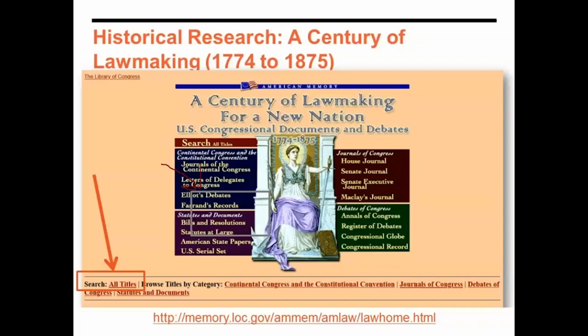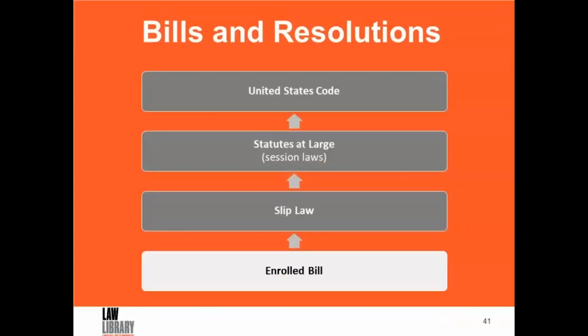So even though it looks a little old-fashioned, like it was created at the beginning of HTML, the information in this website is very, very robust. And a benefit that it has over the scanned collection is that it's keyword searchable. There's a really nice page where you can search through different collections, and one of those collections is statutes at large, okay?